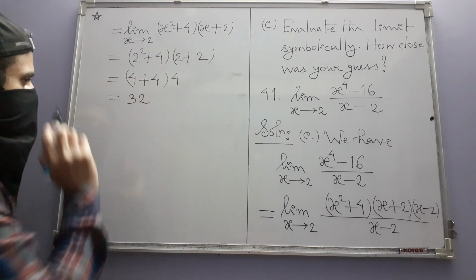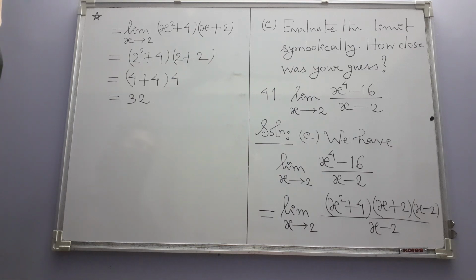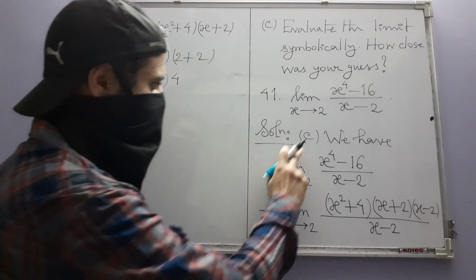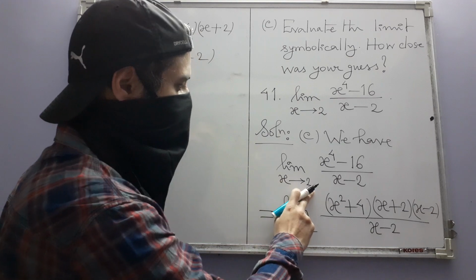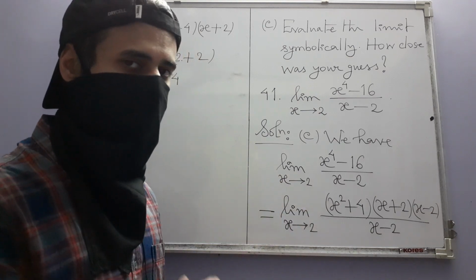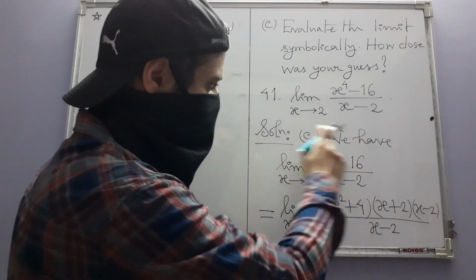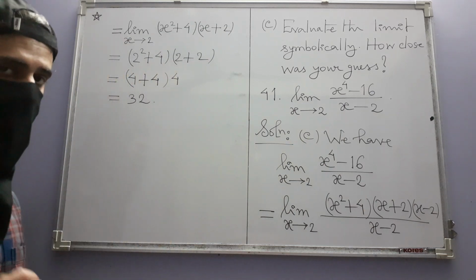So this is 32. So that is the limit. Now if you draw the graph and see what goes on near 2, you will see that the value of the function will be near 32.